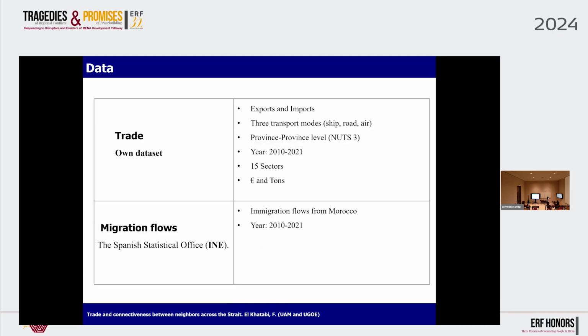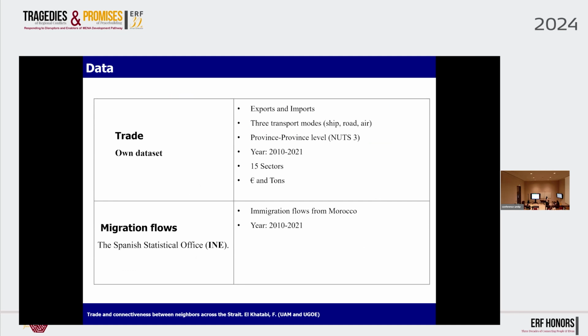So the data regarding trade is my own data set, which includes exports as well as imports, 3 transport modes, province-to-province level, covering the period that I have mentioned, 15 sectors, and monetary units and volumes, that is euros and tons.